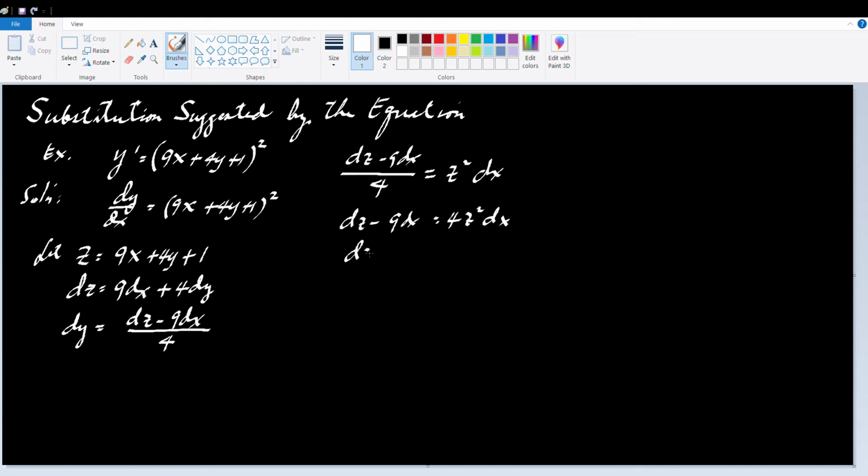So dz is equal to, let us transpose negative 9dx, (9 plus 4z squared) dx. Obviously, this equation is such that the variables are separable. So we divide by 9 plus 4z squared. dz over (9 plus 4z squared) equal to dx. And then we integrate.